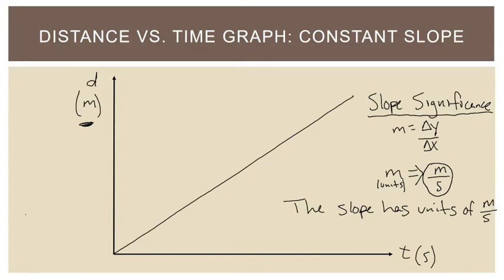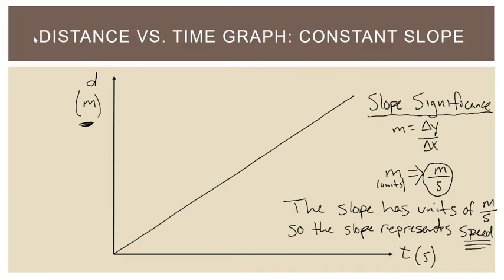And the point here is that since the slope has units of meters per second, the slope represents speed. It tells us how fast the object is going. That's the idea.